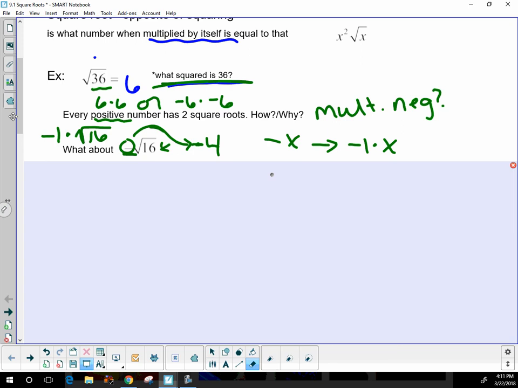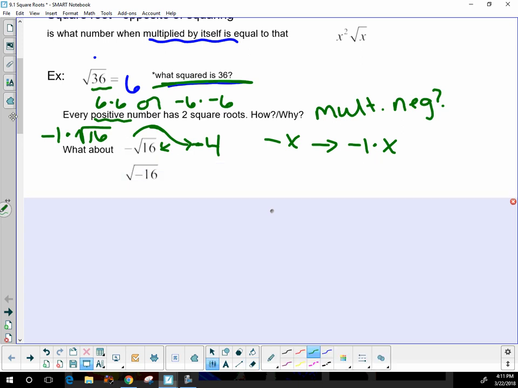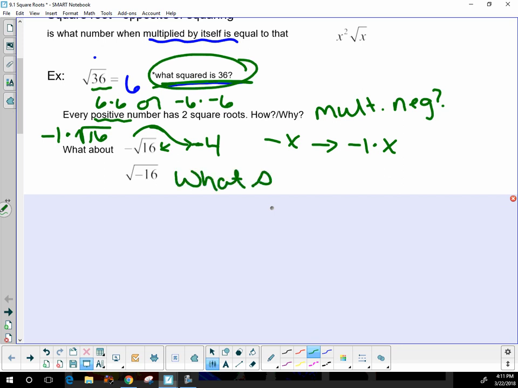I'm going to show you a different placement for that negative number. What if it's inside the radical? Try to figure out that. What do you think the answer to that would be? And I want you to ask this question. What squared equals negative 16?